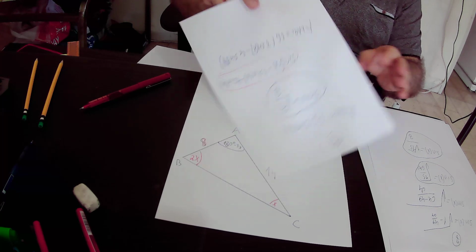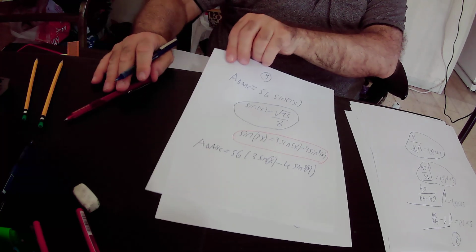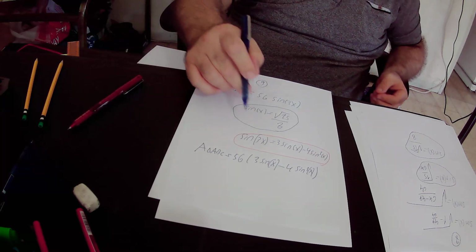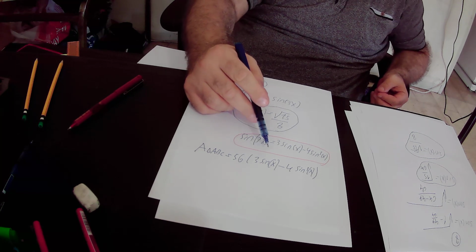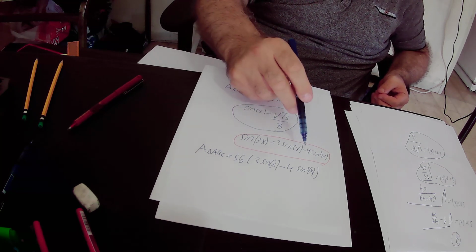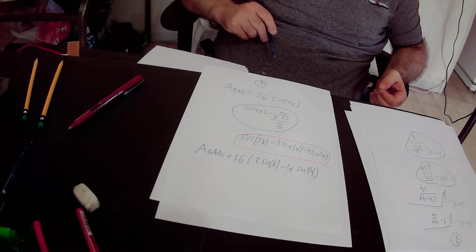Okay, so the area of triangle ABC equals 56 times (3 sine x minus 4 sine cube x).